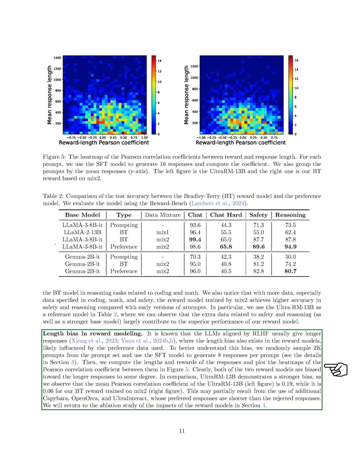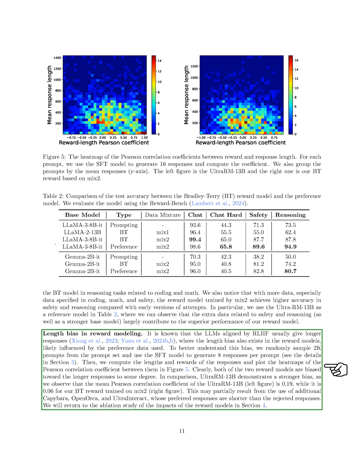The heat maps of the Pearson correlation coefficient between response lengths and rewards show that both reward models exhibit a bias towards longer responses. The UltraRM-13B model shows a stronger bias compared to our BT reward model trained on MIX2. This bias may be influenced by the preference data used, such as additional datasets with shorter preferred responses.